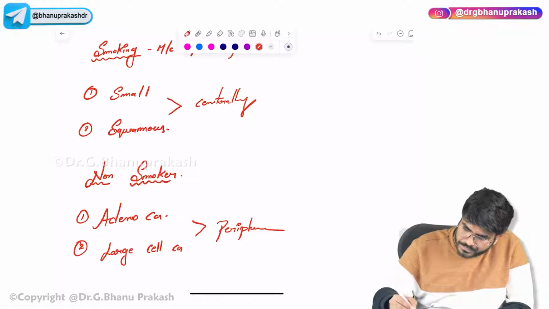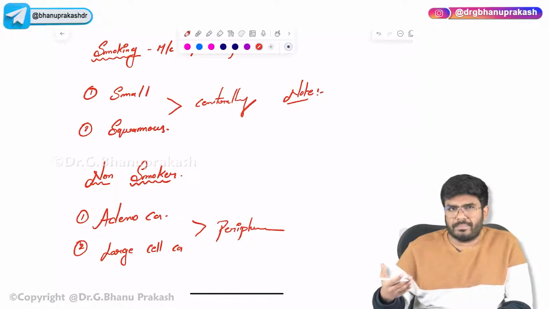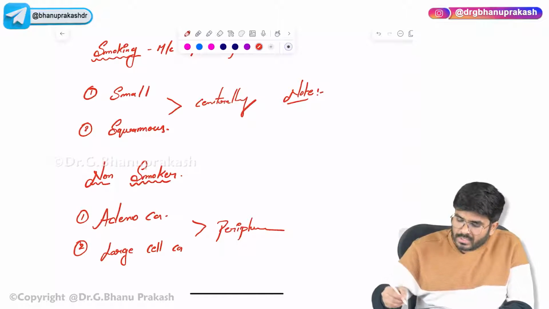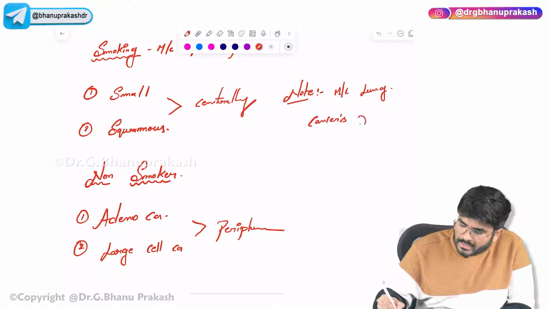Note: usually the lung by itself won't develop cancers, so primary lung cancers are not common. Secondaries are the most common lung cancers.